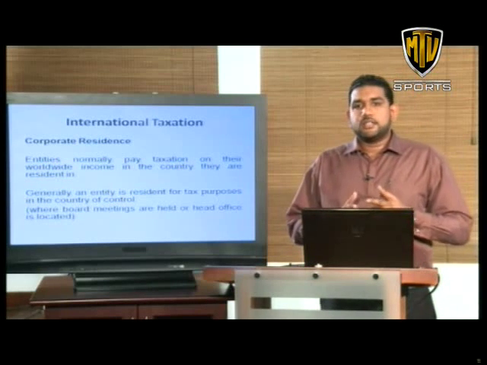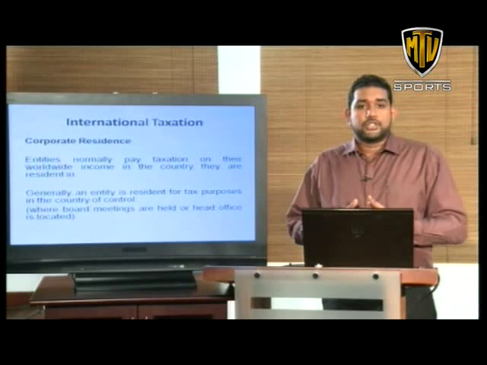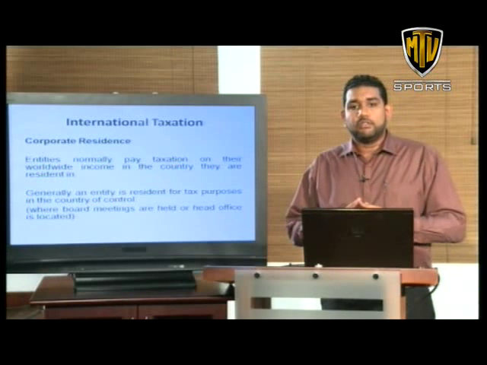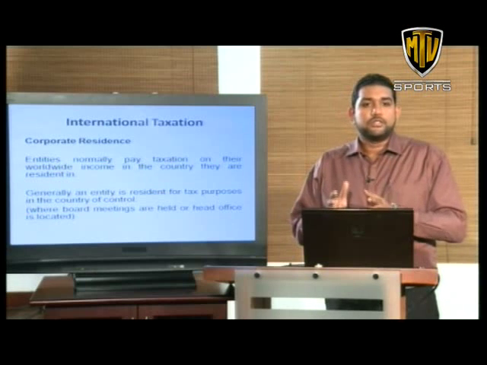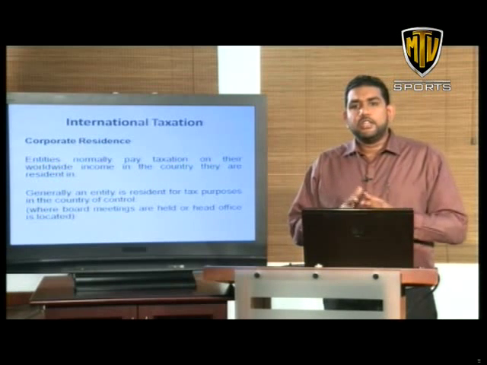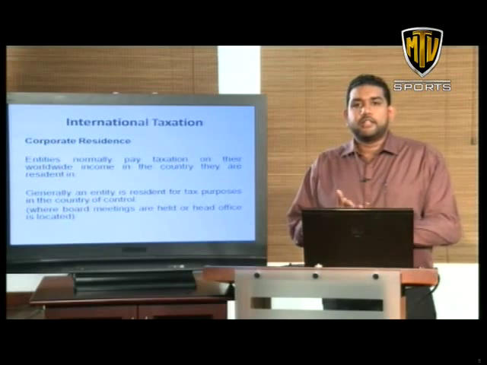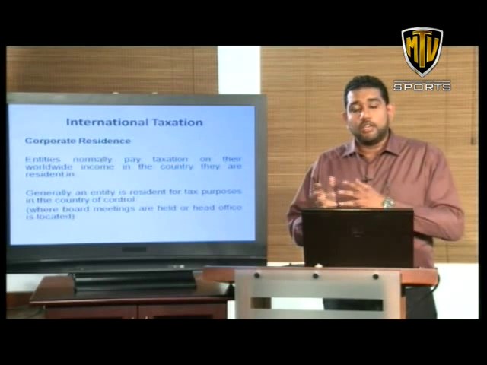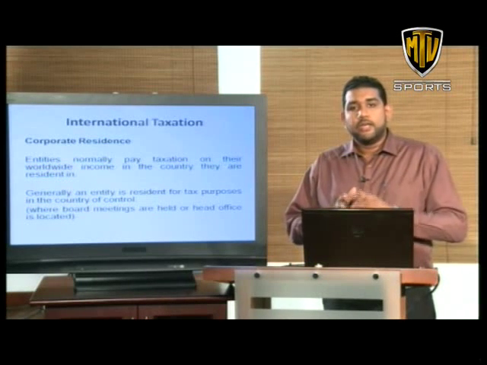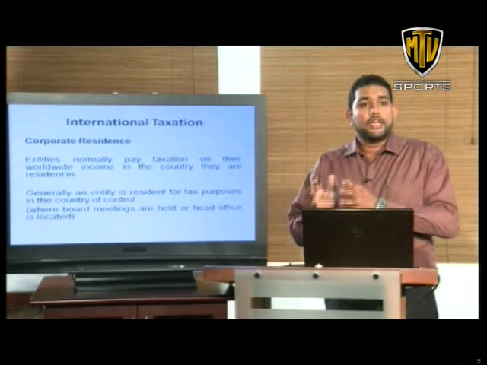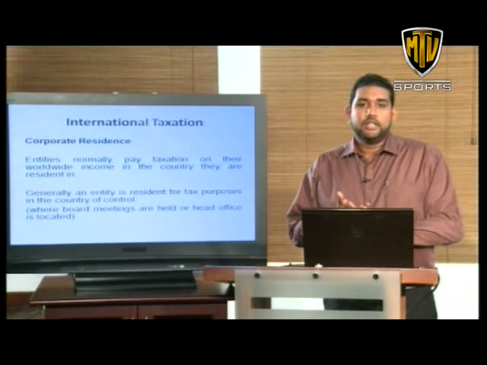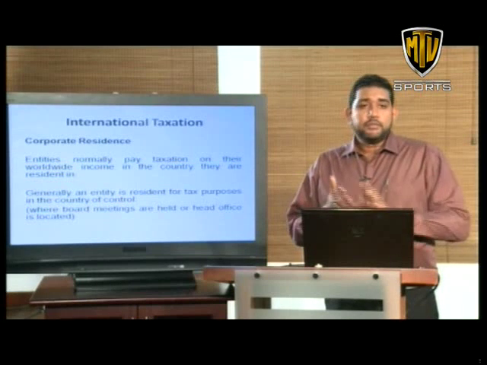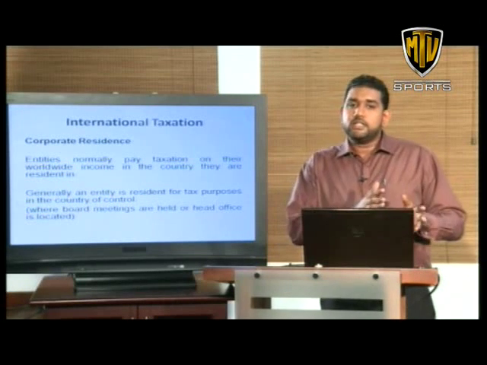International taxation will affect an organization when it deals with businesses in more than one country. If you are doing business activities in just one country, you are not really going to be affected by international taxation. However, if you do business activities in more than one country, you are likely to be affected. Sometimes businesses are resident in one country.